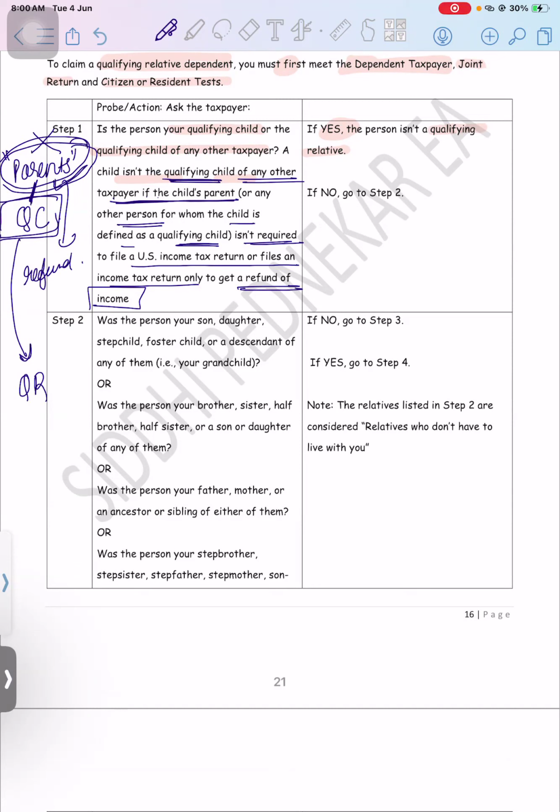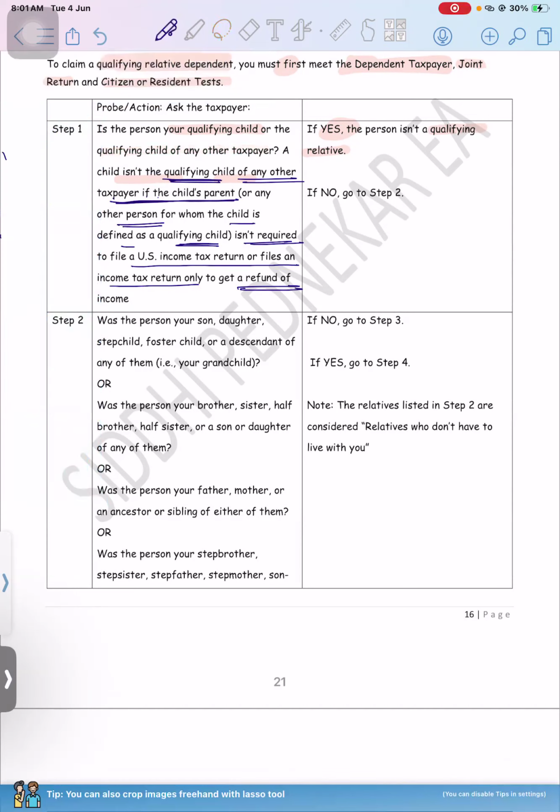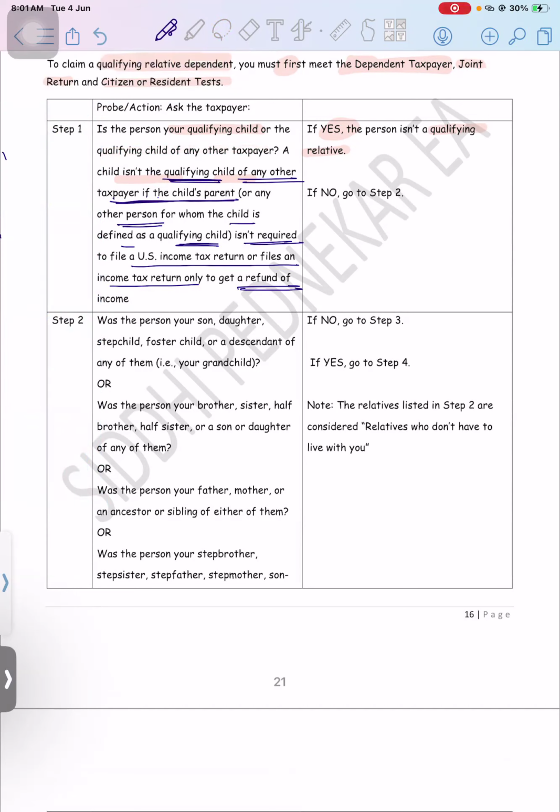The child is living with the parent, age limit is fulfilled, support test is also fulfilled, let's say. But still, the other person who is also fulfilling the same criteria can claim this child as a qualifying child because the parent was not allowed to file the return because of his income criteria. Okay, he's just filing the return. They are just filing the return for claiming the refund.